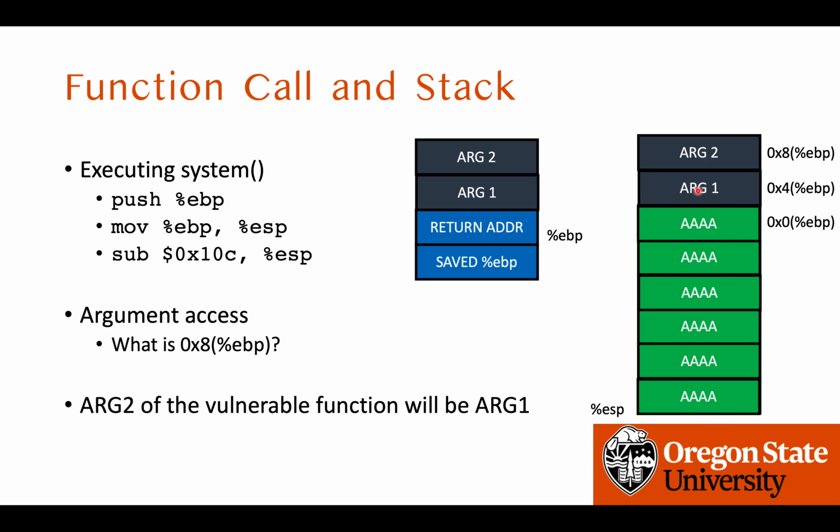So that's the second argument of the original function, which will be the first argument of the system. So we can put some of the arguments to the system at this location. And then that's the return address plus 8.